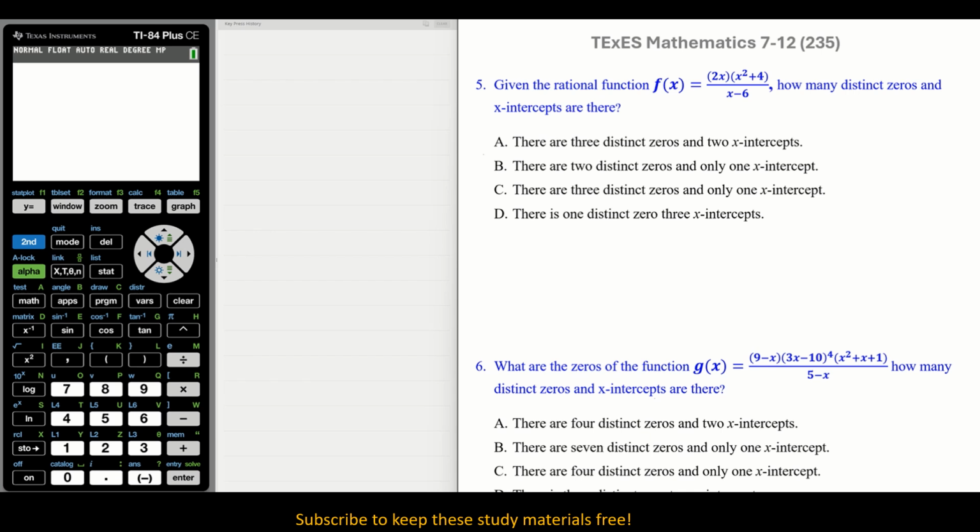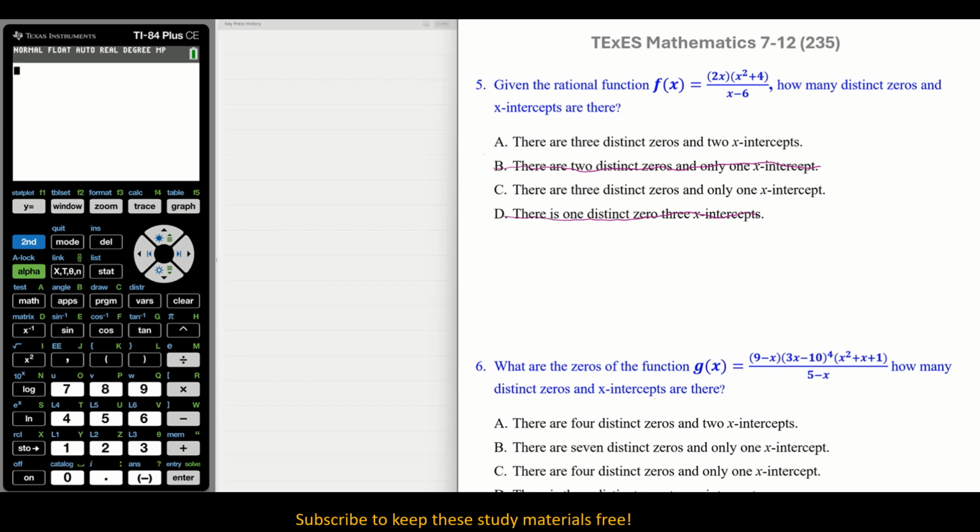So I see 3 distinct zeros. Okay, I agree with that. So let's see, that means B says 2, so that's out. A says 3, that's why I kept it, and C says 3, and D says 1.